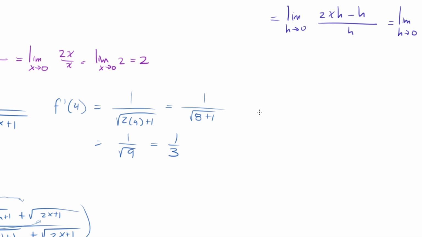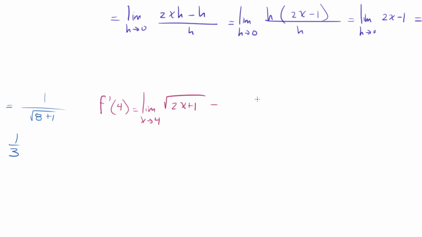So it's going to be f prime of 4. It's the limit when x approaches 4 of f of x, which is this square root of 2x plus 1, minus f of 4, which is square root of 2 times 4 plus 1, over x minus 4.